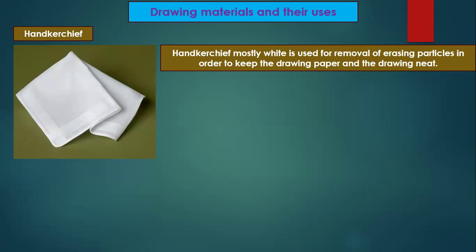So that's why you need handkerchief to do that, and preferably you use white handkerchief, because we know if it's dirty or not. Okay, so you make use of white handkerchief as we have here. Handkerchief, mostly white, is used for removal of erasing particles in order to keep the drawing paper and the drawing neat. That is the function of a handkerchief.